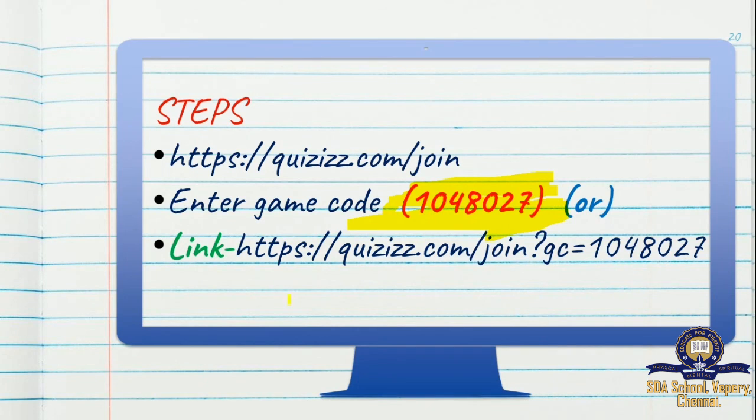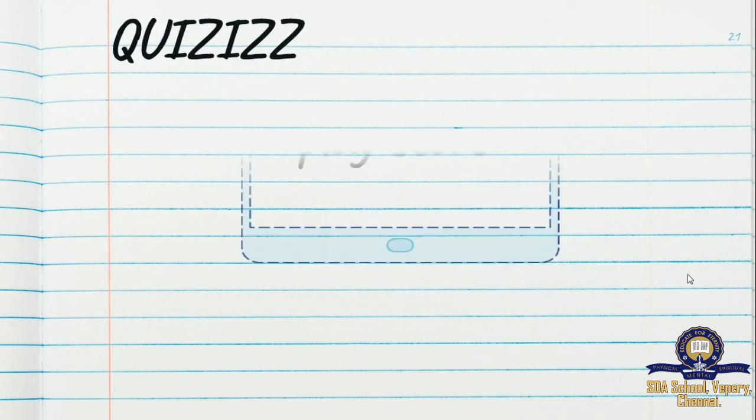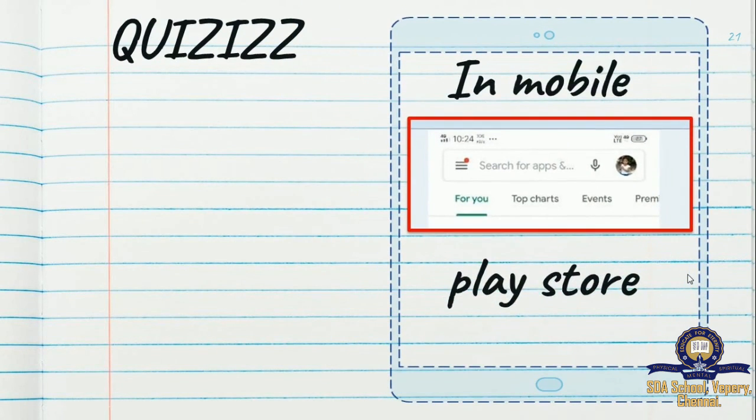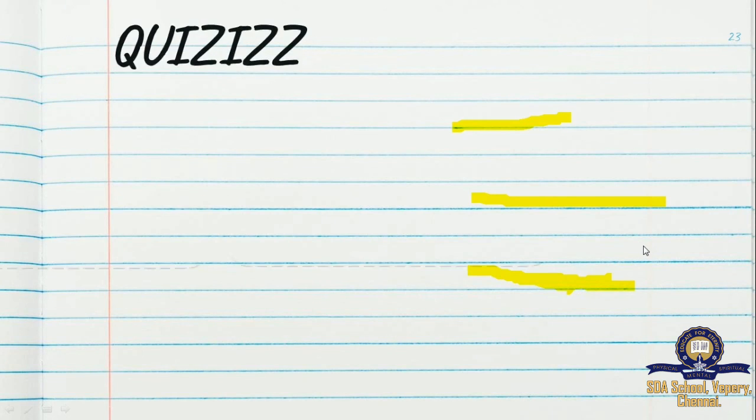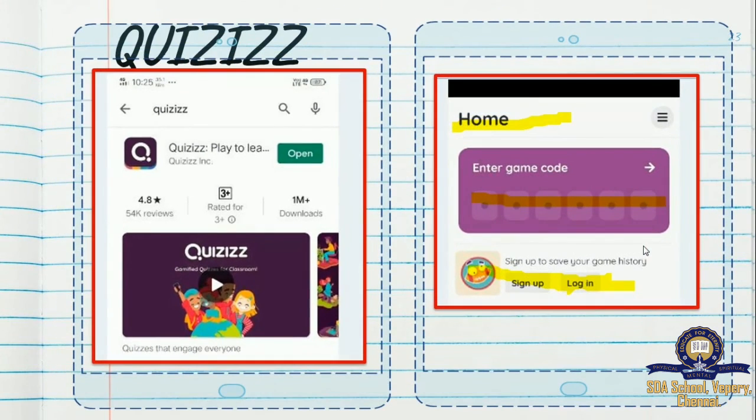Or you can use this link and go directly to the quiz. And if you're playing on mobile, go to Play Store and type quizzes. In that, open this type of application. This is your logo.